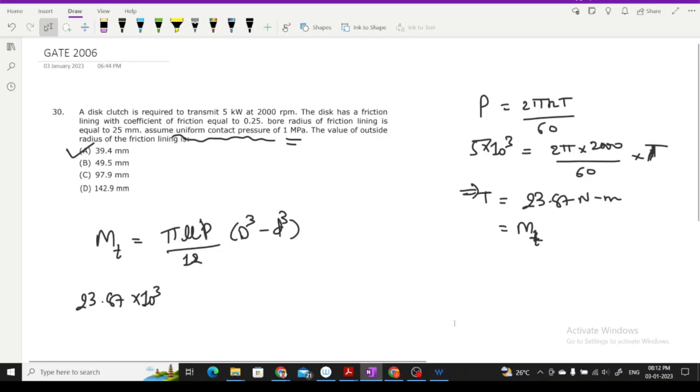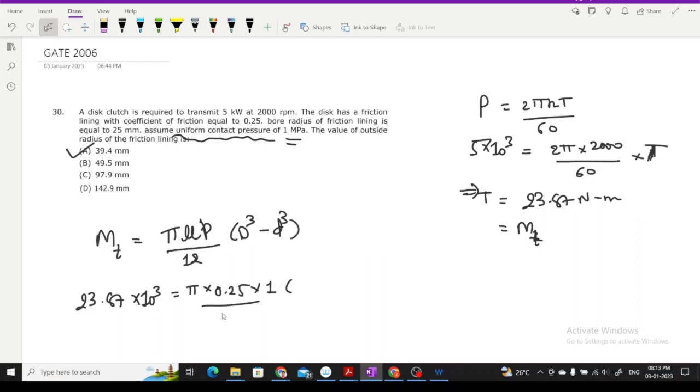So if you put all the given data, this pi, mu is 0.25, right? This P is 1 megapascal, so this is Newton per meter square, right? So D is capital D and small d.